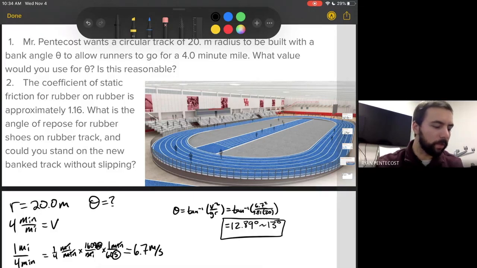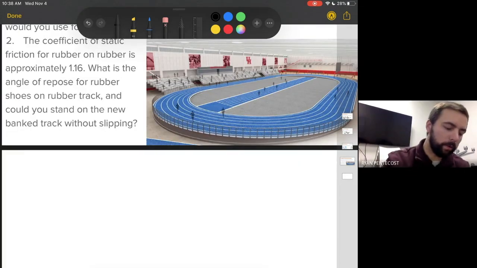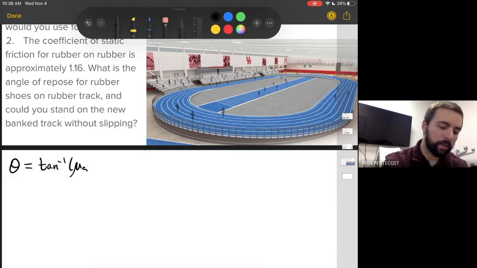so the coefficient of static friction for rubber on rubber is approximately 1.16. So that would be similar to rubber shoes on rubber track. What is the angle of repose for rubber shoes on a rubber track? And could you stand on the new banked track without slipping? So if you guys remember, the angle of repose, we calculated that last chapter, is the tangent inverse of the static friction coefficient.